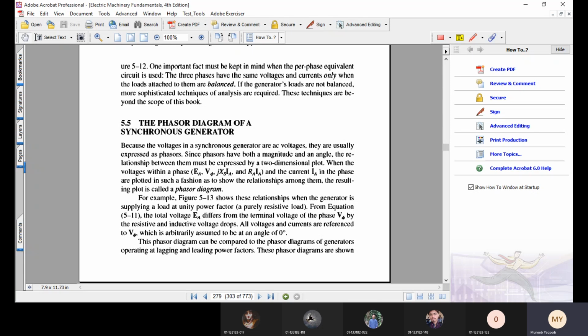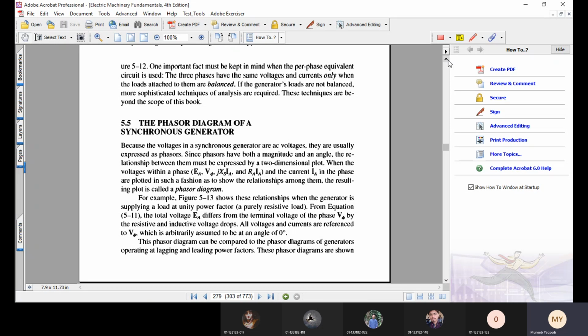So as we all know, when we studied the equivalent model of a transformer in chapter 2, right after the equivalent model parameters calculation, we had drawn the phasor diagram of the transformer.